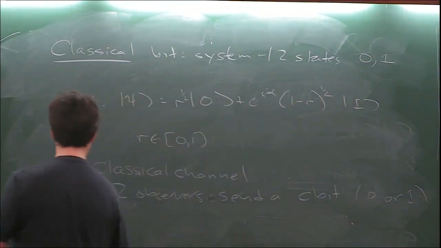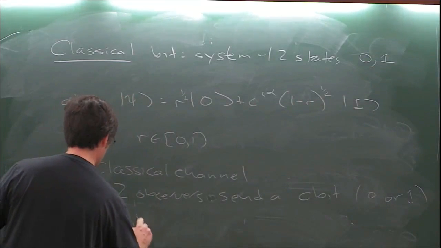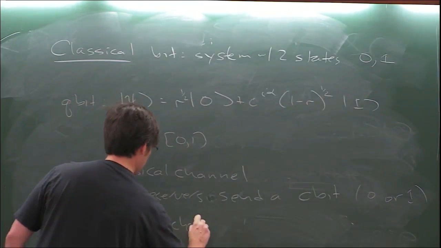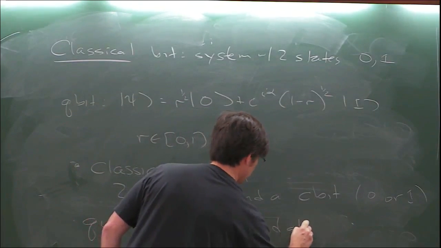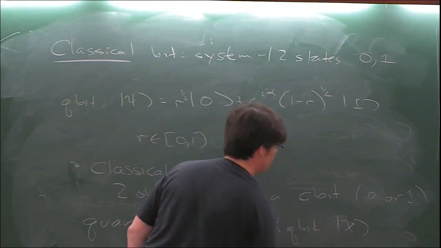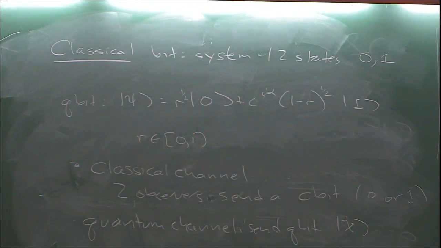Or I could talk about a quantum channel, I send a qubit. And what I'll argue in these two examples is that in general, the quantum channels of a single qubit encode more information than a classical channel.